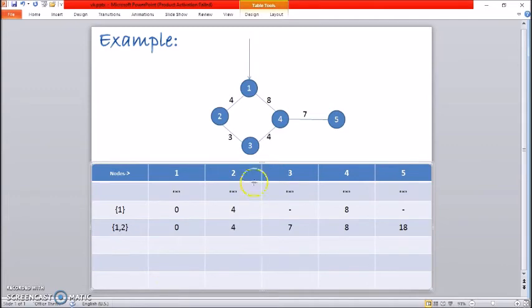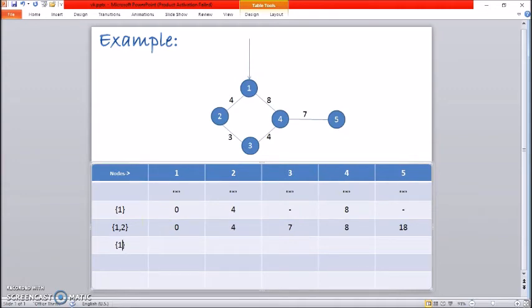Now we visited node number 2, so we have to choose the minimum distance among the non-visited nodes. The non-visited nodes are 3, 4 and 5, and the minimum distance among these nodes is 7, so we will visit node number 3 here.